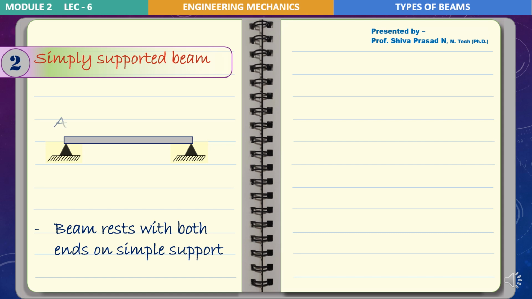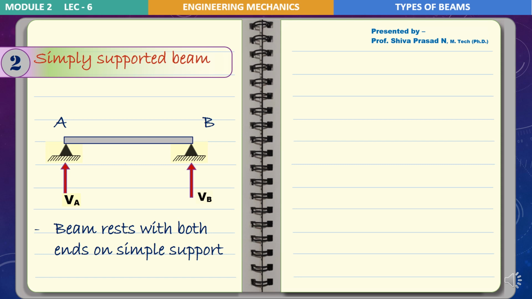Next, I'll name these A and B, and at A, what are the reactions? A vertical reaction that we can represent with VA, and another reaction at B, that is VB. So this is how a sketch, that is a free body diagram, for a simply supported beam looks like.